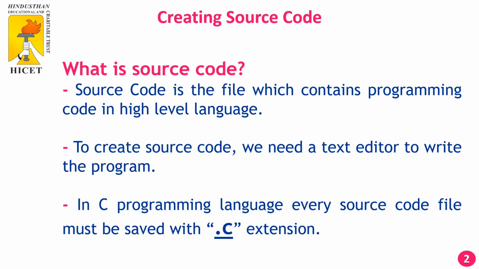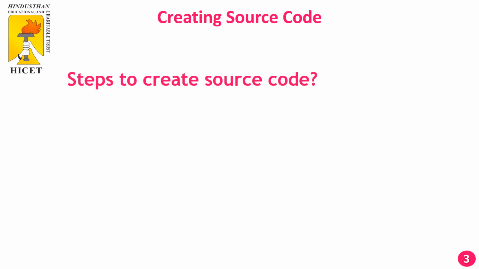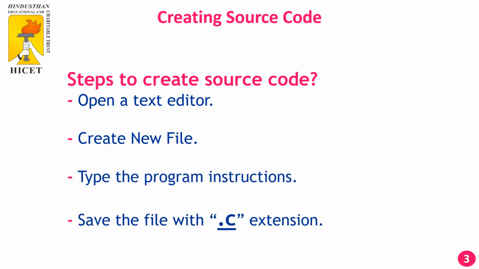After writing the source code, we have to save it using the F2 key, and we have to give the file name with the .c extension. The steps to create the source code are: open a text editor, create a new file, type the instructions that you are going to execute, then save the file using the .c extension.